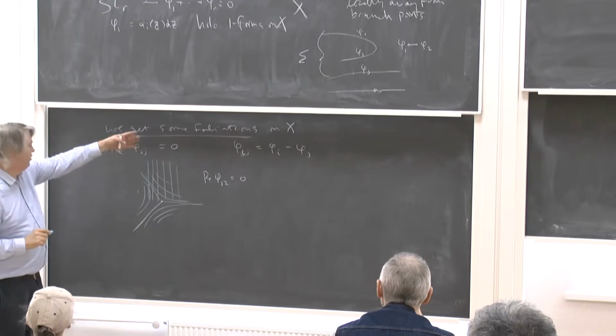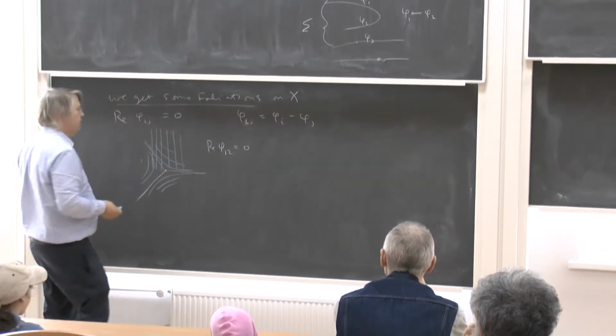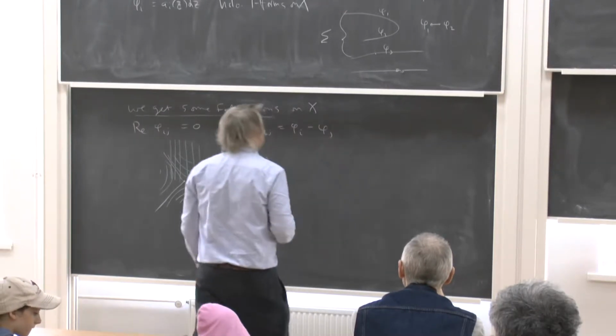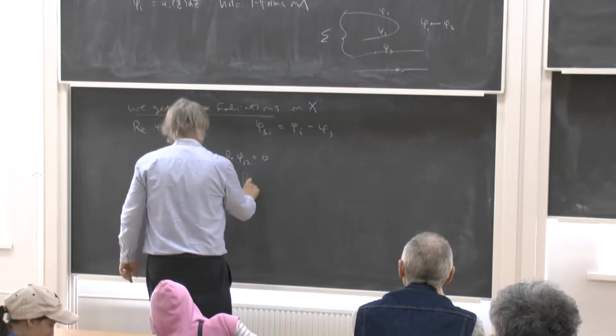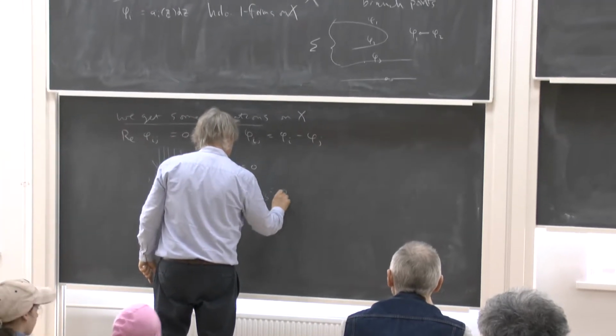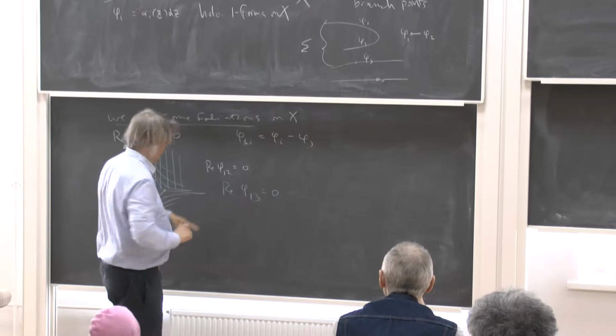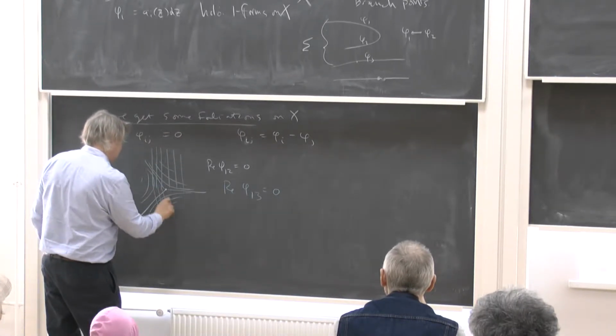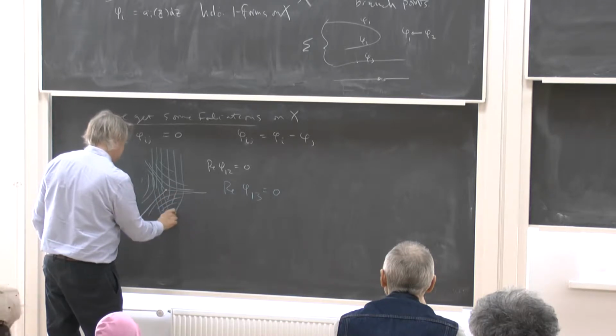On one side of the singular point, it's just going to be a foliation, just a form. So if we try to draw the real part of phi13 equals 0, then it's going to look something like that.